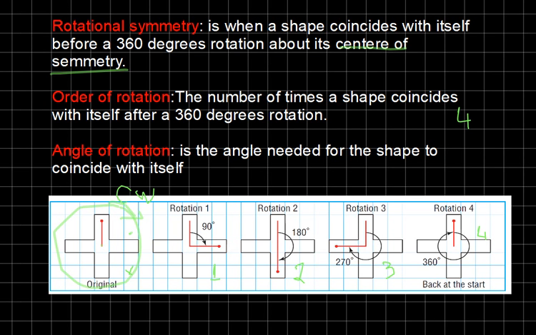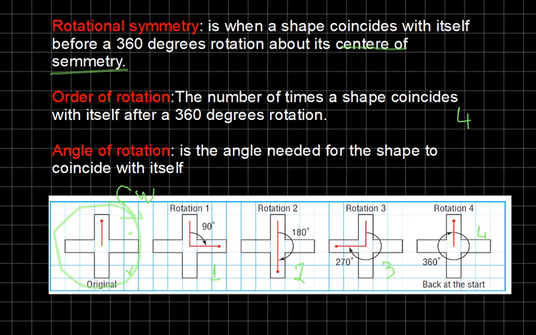That's really how many rotations you can make, or how many times you will hit the original shape when you do the 360 degrees. In other words, the number of times a shape coincides with itself after a 360 degrees.